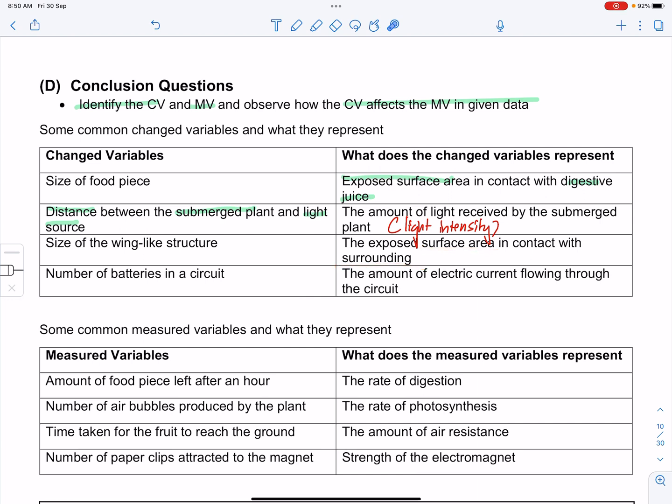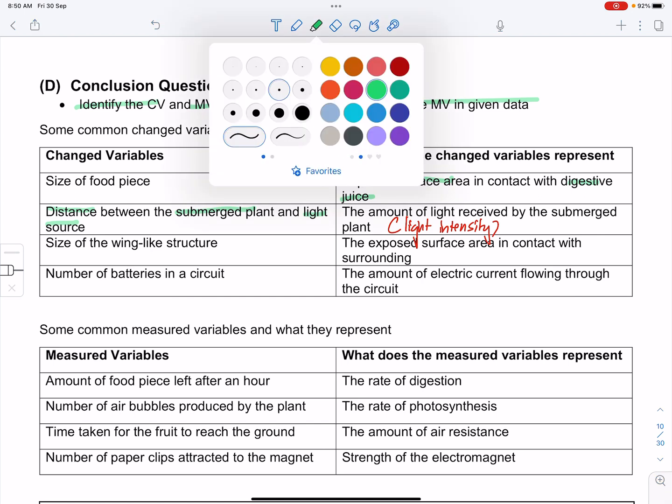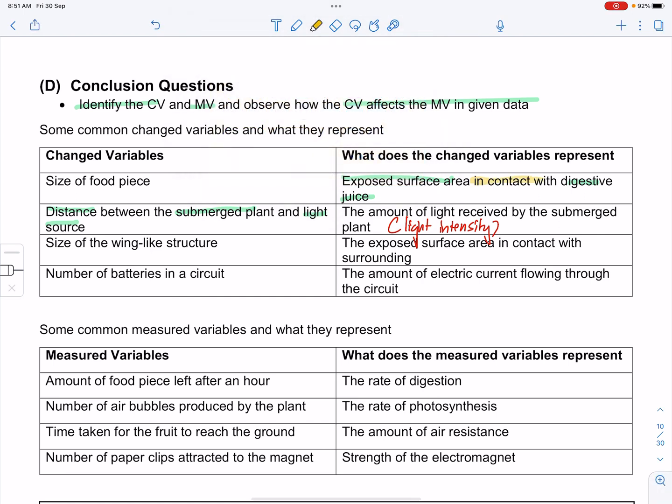Now, I want everybody to pay attention. I'm going to highlight this in bright yellow, which means it's extremely important. Whenever you talk about exposed surface area, you need to tell me with what.